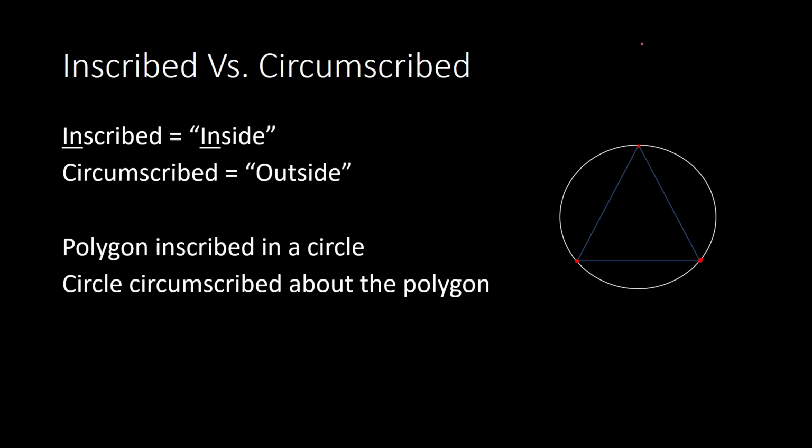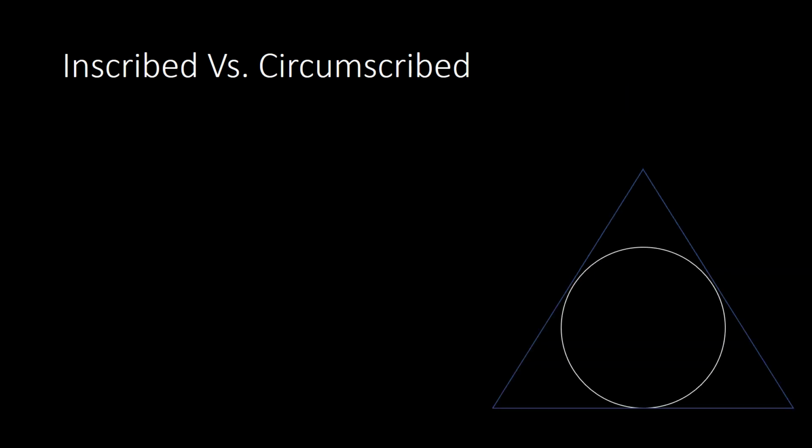So if I were to have a shape like this with a circle and then maybe a shape like this, even though the triangle is inside of the circle, it's not touching every vertex. So I would not say that this is inscribed. Here's another picture where the triangle is on the outside and the circle is on the inside.